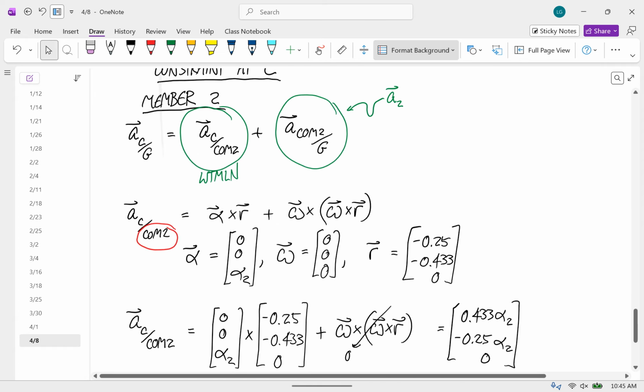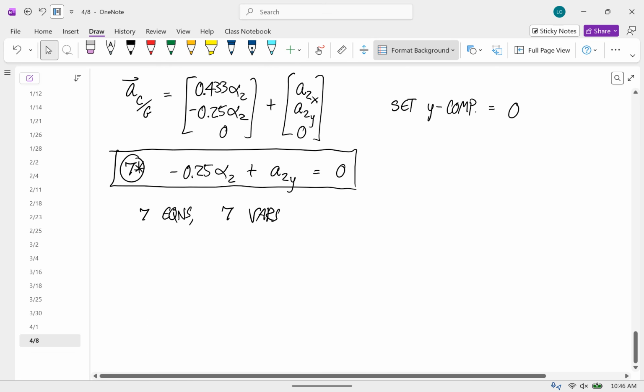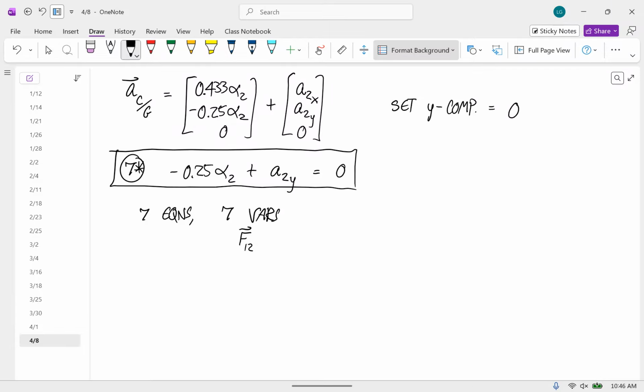So the variables we have are F12, X and Y components. A2, X and Y components. So now we're at 4. Alpha 1, 5.